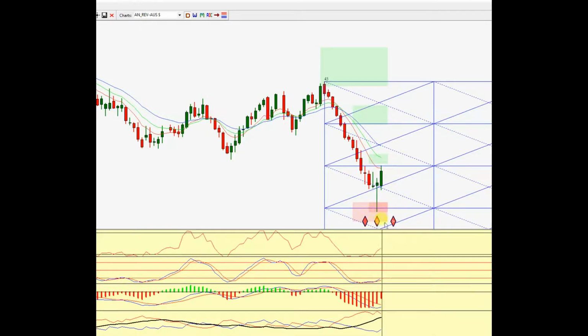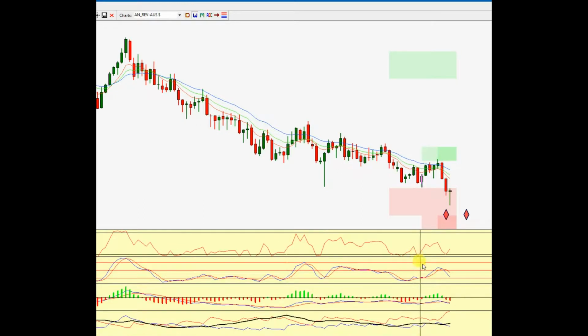Now the question is, is there any significance to this daily low? Well, what I'm going to do is go over to my weekly chart, and I'm going to notice that there is also a weekly Fdate. That's this red diamond right here, and it's listed for last week.